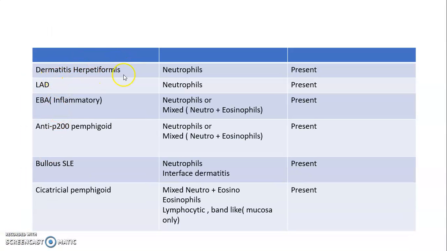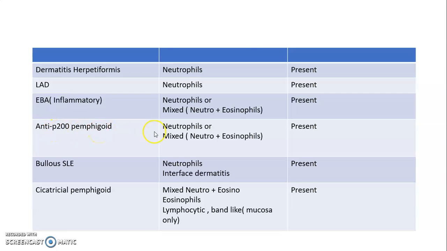Dermatitis herpetiformis: the principal inflammatory cell is neutrophils and infiltrate is present. Linear IgA dermatosis also contains neutrophils. Inflammatory EBA has neutrophils or a mixed population of neutrophils and eosinophils.